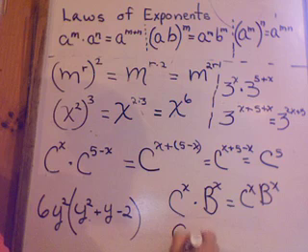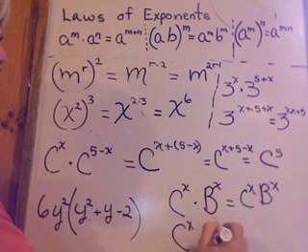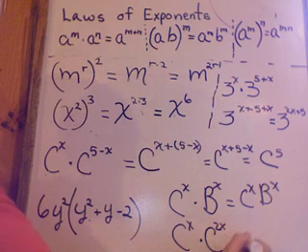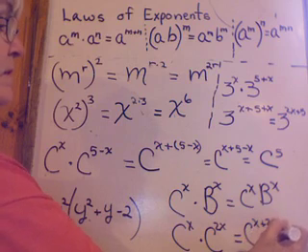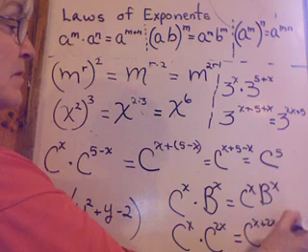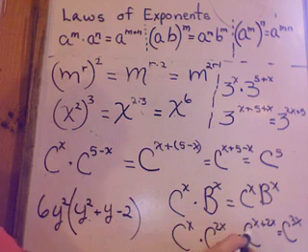What if I had c to the x times c to the 2x? C to the x plus 2x, c to the 3x. If the bases are the same, I can add the exponents. That's a little bit tricky.